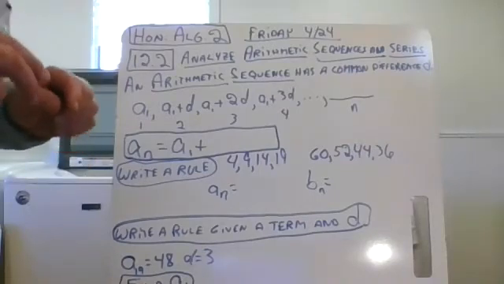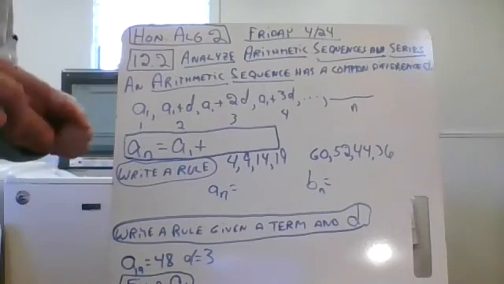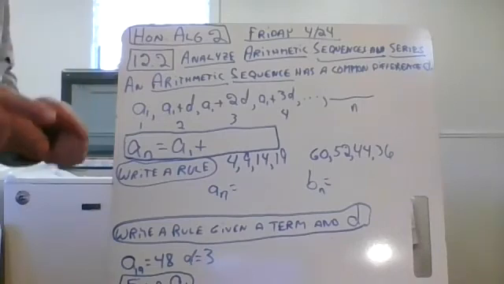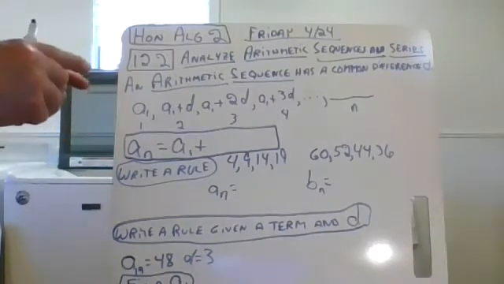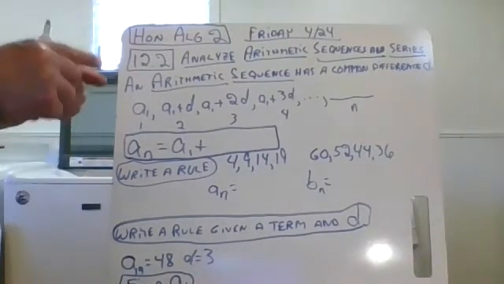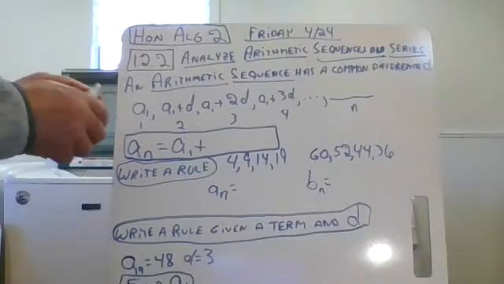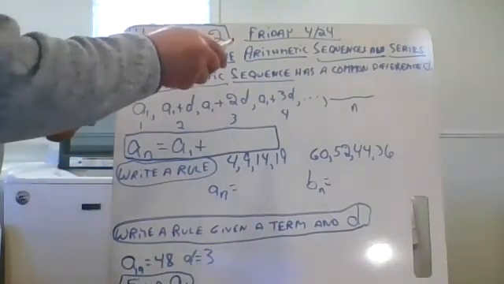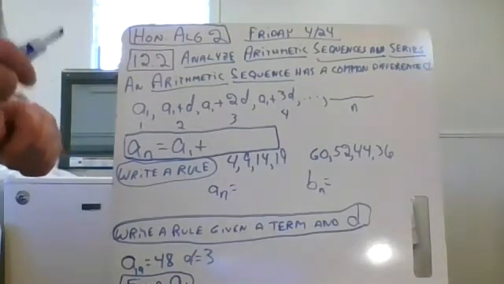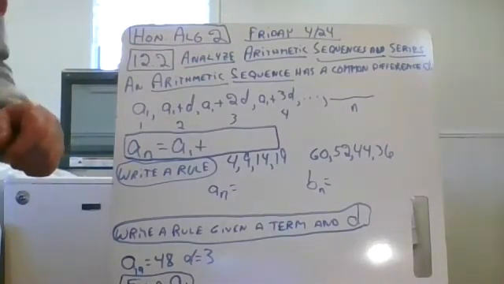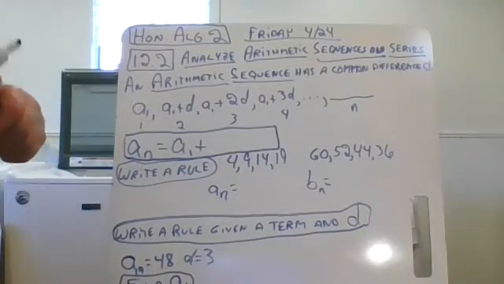Now in sections 2 and 3, we do very specific ones. In section 2, we do what is called an arithmetic sequence and series. And in section 3, we do what is called a geometric sequence and series.